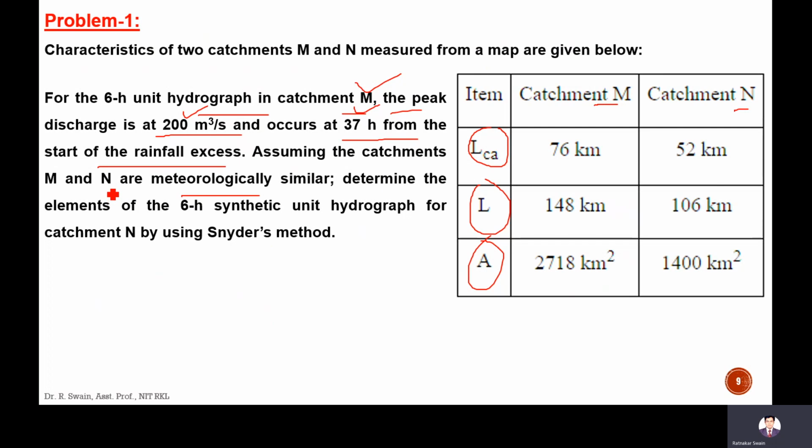So for the N catchment, once we know this QP and TP, we have to use Snyder's equation so that we can get the CT and CP values, the constants, which depend upon the watershed. The constants are the same for M and N, and for catchment N, using those constants we can estimate the other parameters.